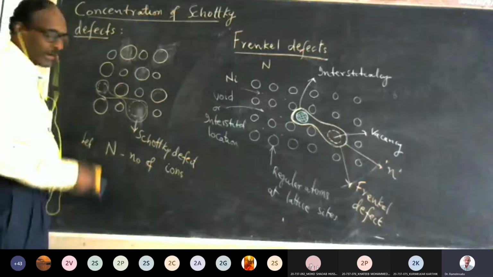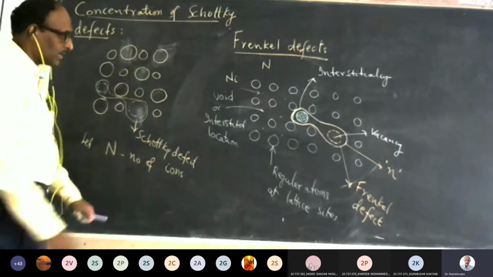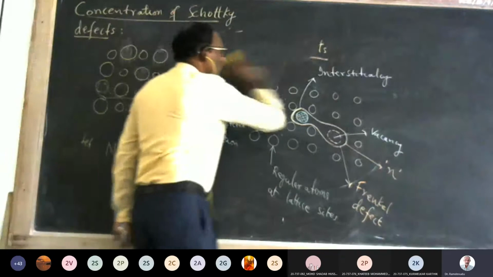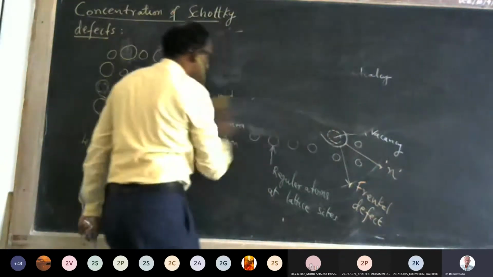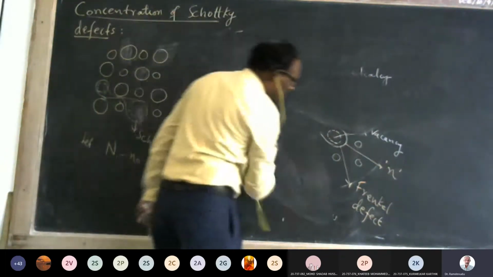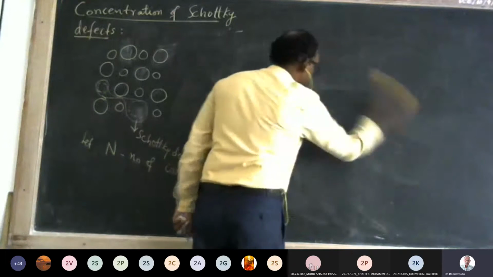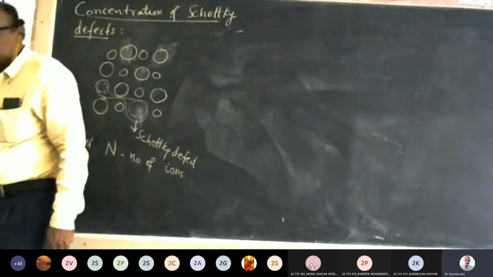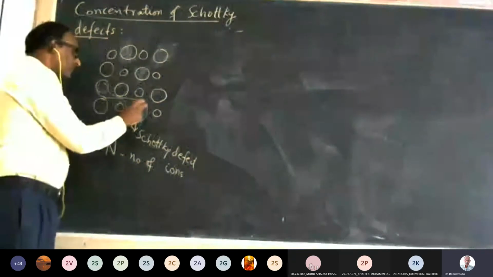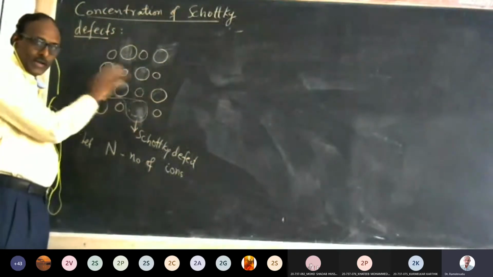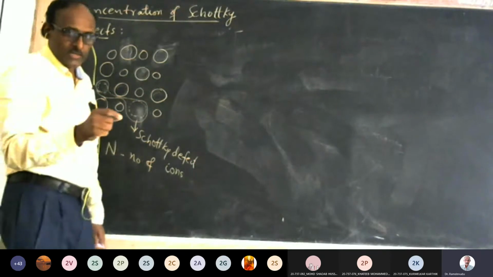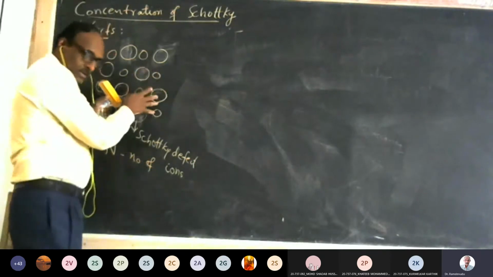So now, how do I get it? In general, I told you that these defects are formed during the crystallization process or maybe due to thermal energy. Therefore, to remove a cation and an anion pair, you need to supply certain energy to the crystal.